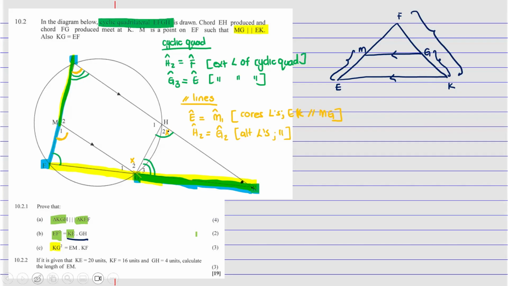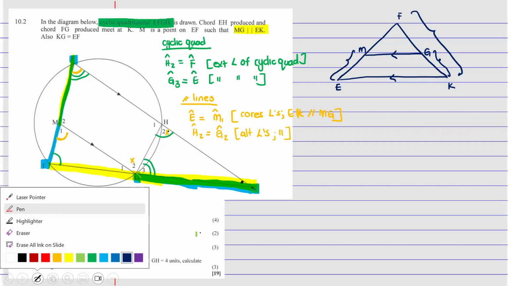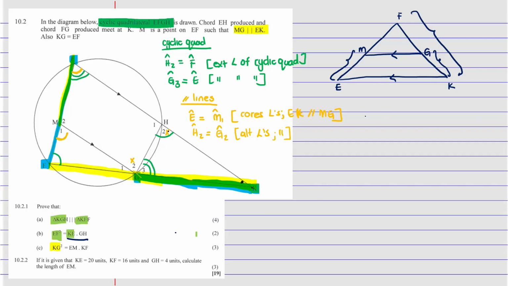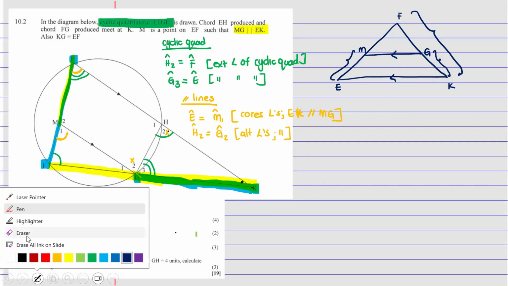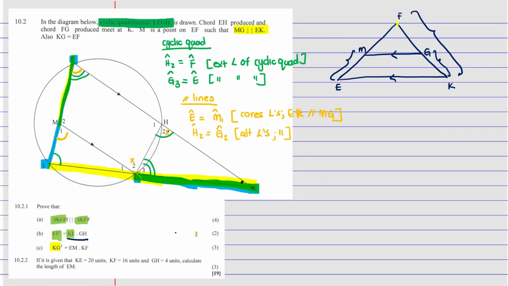So with that said, we need to put in the two equal sides. What do we know? We know that EF, which I'm going to highlight here so that you can see it, this side here, is equal to GK, this side here. Does that make sense?